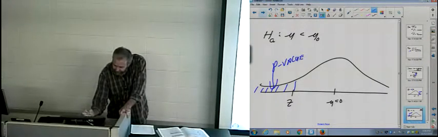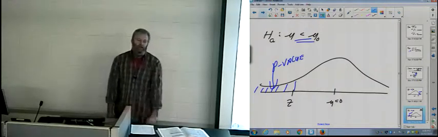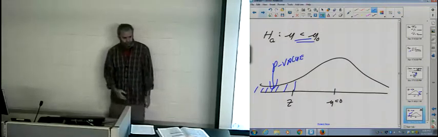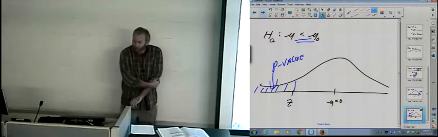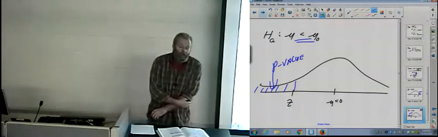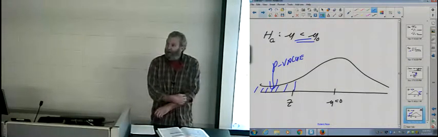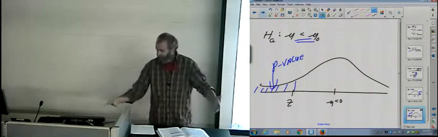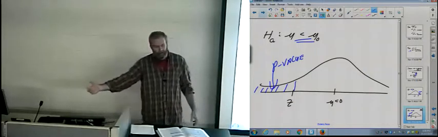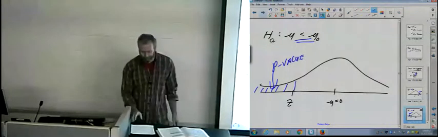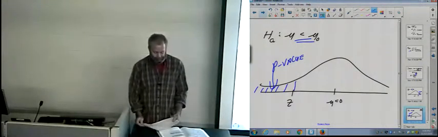Why to the left? That's telling you to look to the left. So with the one-sided test, the alternative is telling you which way to look to find the p-value, where to find the area. Whether it's to the left, here, the one before, to the right. Okay?